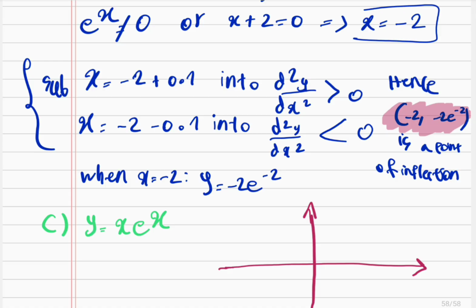We have a sort of asymptote here, but not in the usual sense that we have, for example, in the reciprocal graphs or other types of graphs. And also another crucial part that we need to take into consideration is using the stationary point and the point of inflection.